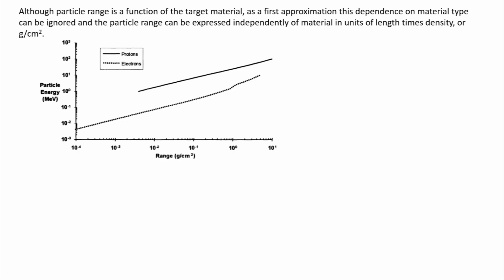So, instead of centimeters, the density in gram per centimeter cube has been multiplied by the length in centimeter, so the range unit here is gram per centimeter square.